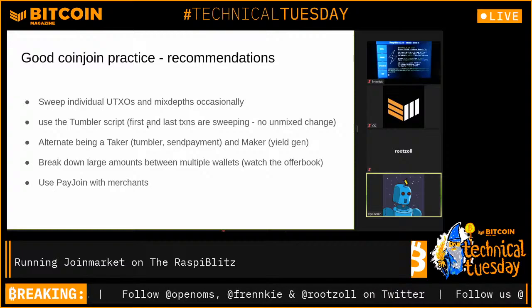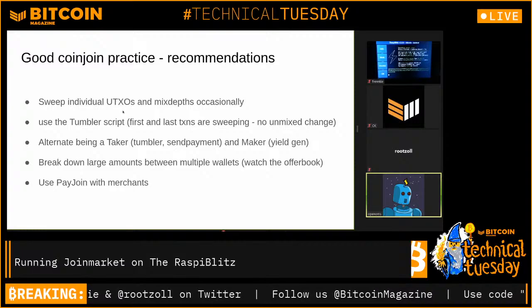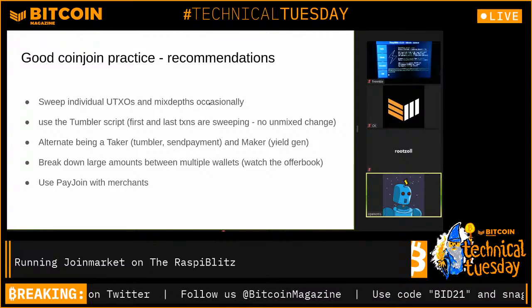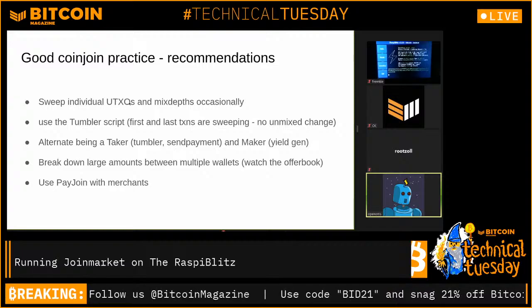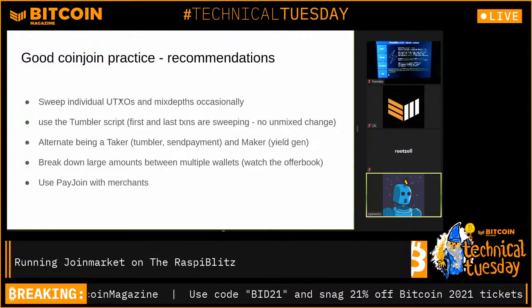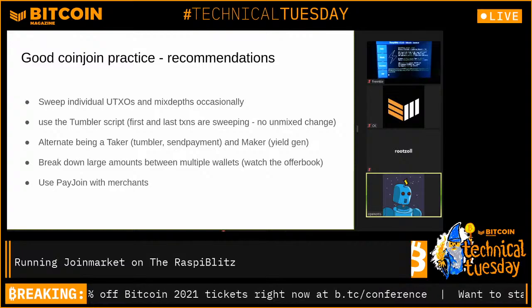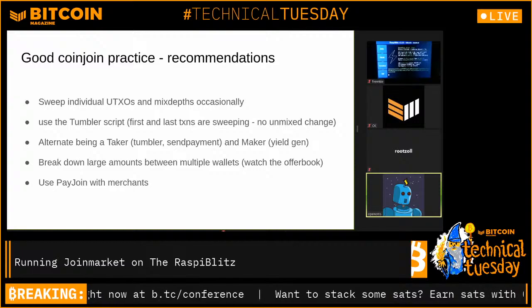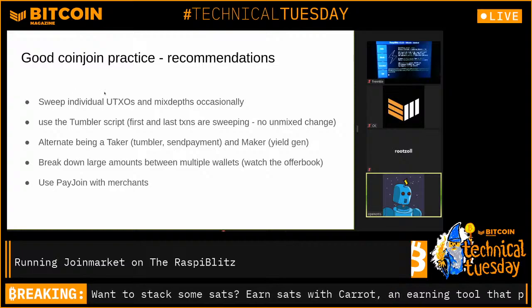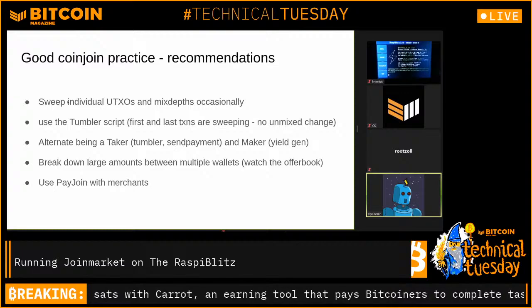There are a couple of tricks with which you can improve your privacy, and which are applied automatically, for example, if I'm using the Tumbler, but it's best to do manually at some point as well. So for example, if you're running your JoinMarket wallet for a while, and especially if the yield generator is just passively running in the background, your UTXOs have been through plenty of coin joins, but from time to time it is advised to sweep an entire mixed depth or just one UTXO which you want to do something with.